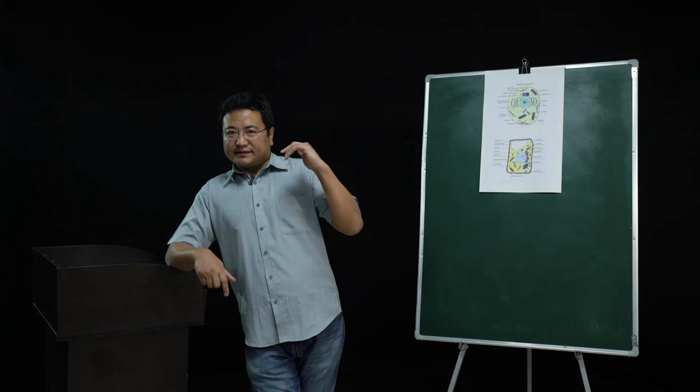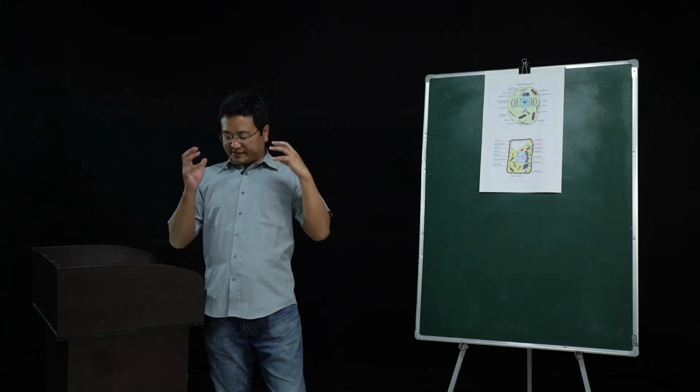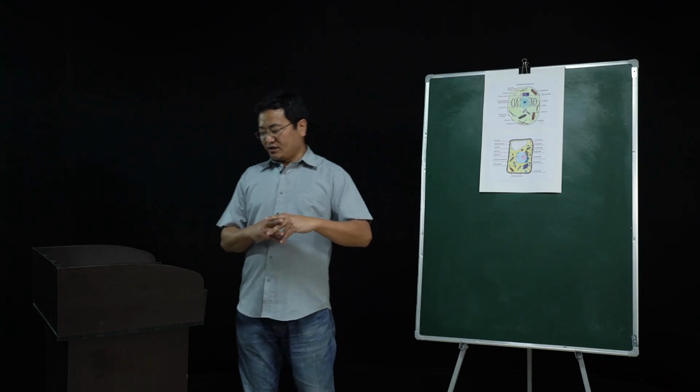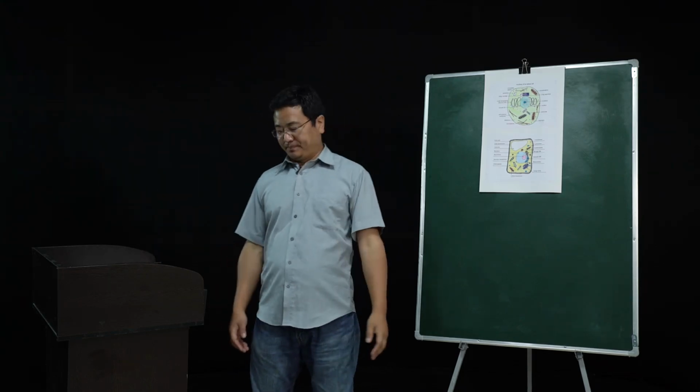So basically the size of a cell is just related to its function. Even the muscle cells are elongated so that they can stretch. So the size of the cell has no relation with the size of the animal.